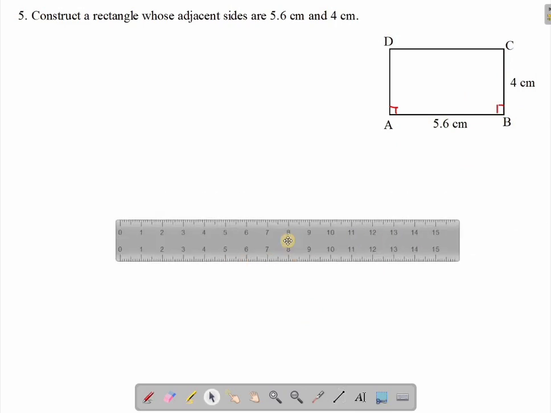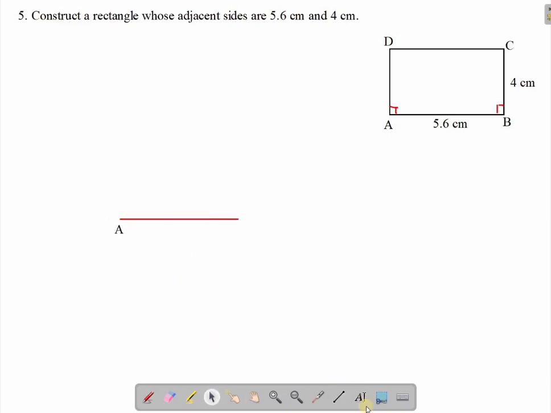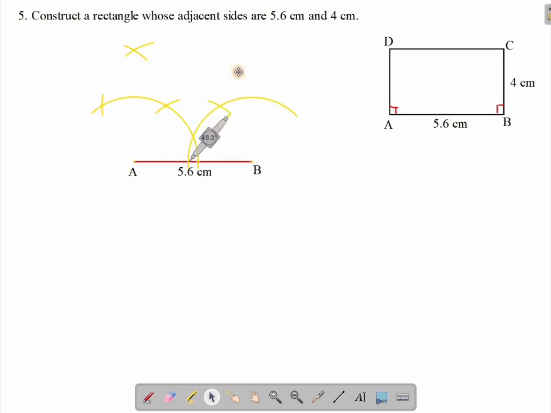So one is 5.6. So first let's quickly draw 5.6 centimeter. So your AB equals 5.6 centimeter is ready. Now at A and at B both we will draw 90° angles. So here is your 90° ready.